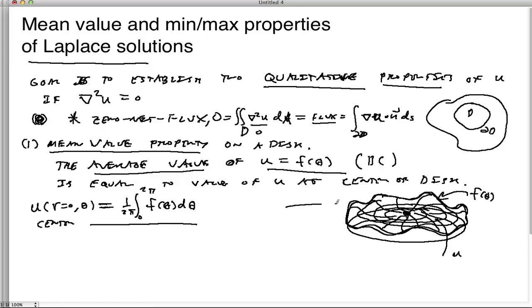This leads to the second idea, which is the min-max concept, which is maybe a corollary of this mean value property, and that's that all extreme values of u are on the boundary.